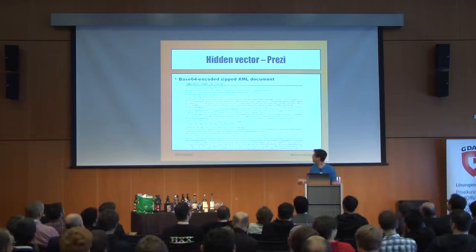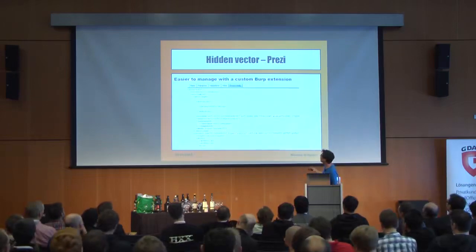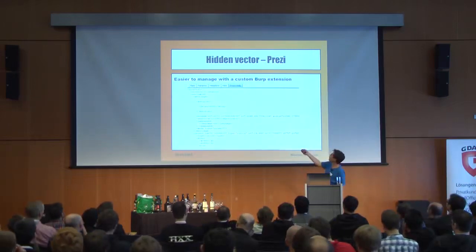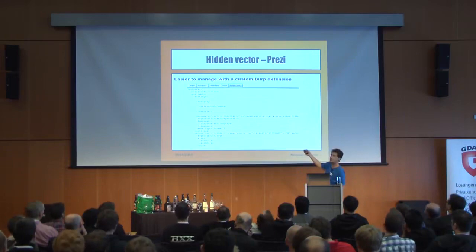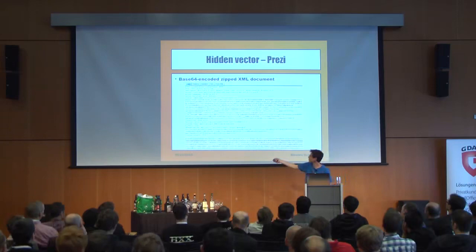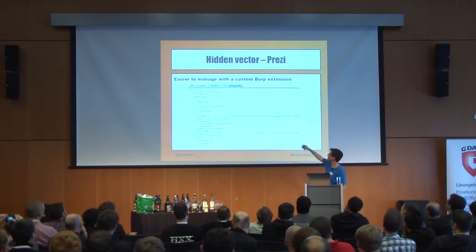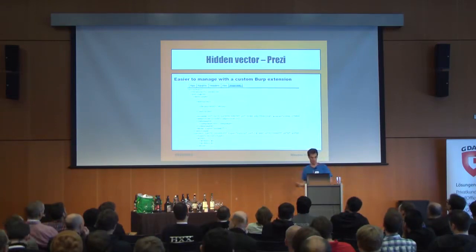Let's try. I wrote an extension for Burp Suite, applying this kind of decoding and re-encoding, of course, and then I can manipulate the XML document manually from Burp, so it's easier.